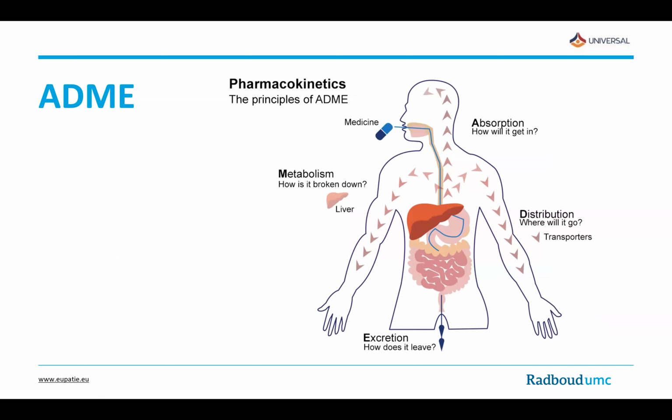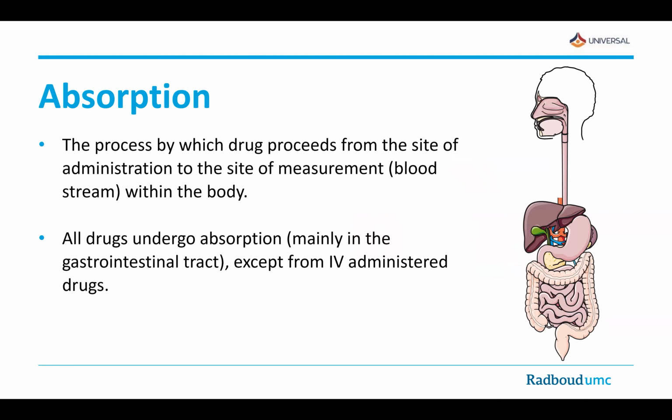So now you know the differences between pharmacokinetics and pharmacodynamics. We will get into more detail on the different processes of pharmacokinetics. So the absorption, the metabolism, the distribution, and the excretion. So absorption of a drug is the process by which a drug proceeds from the site of administration into the bloodstream.